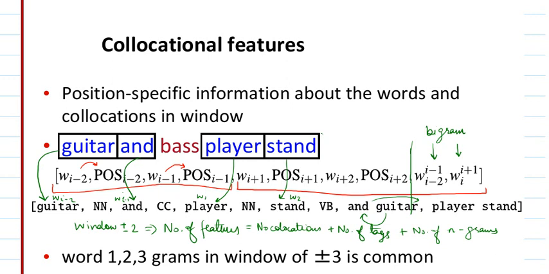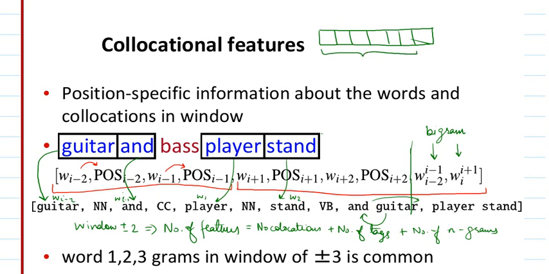Okay, so the feature vector could be looking like this. I am having this, this and this. So these are actually the co-locations.